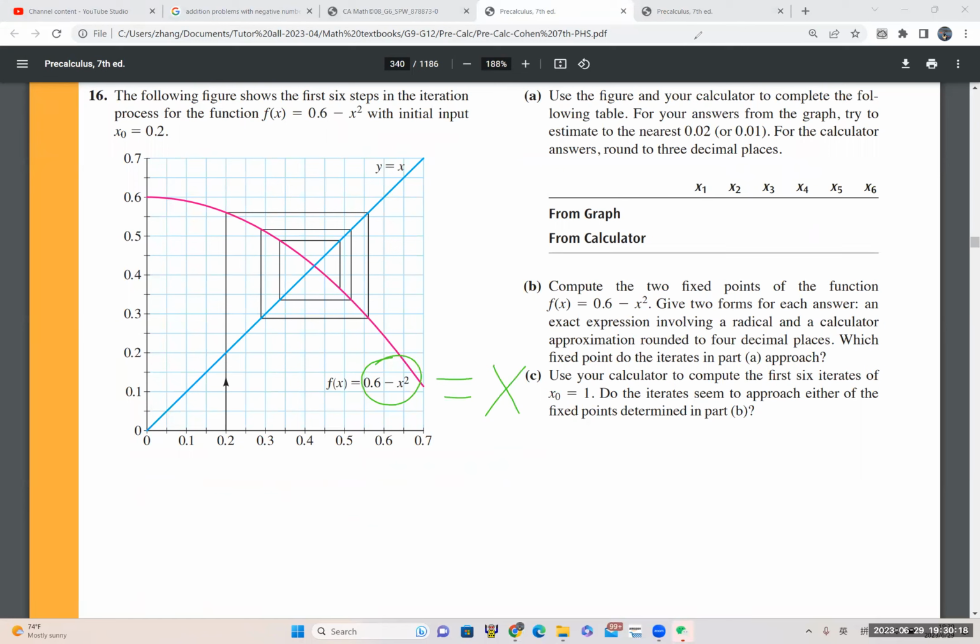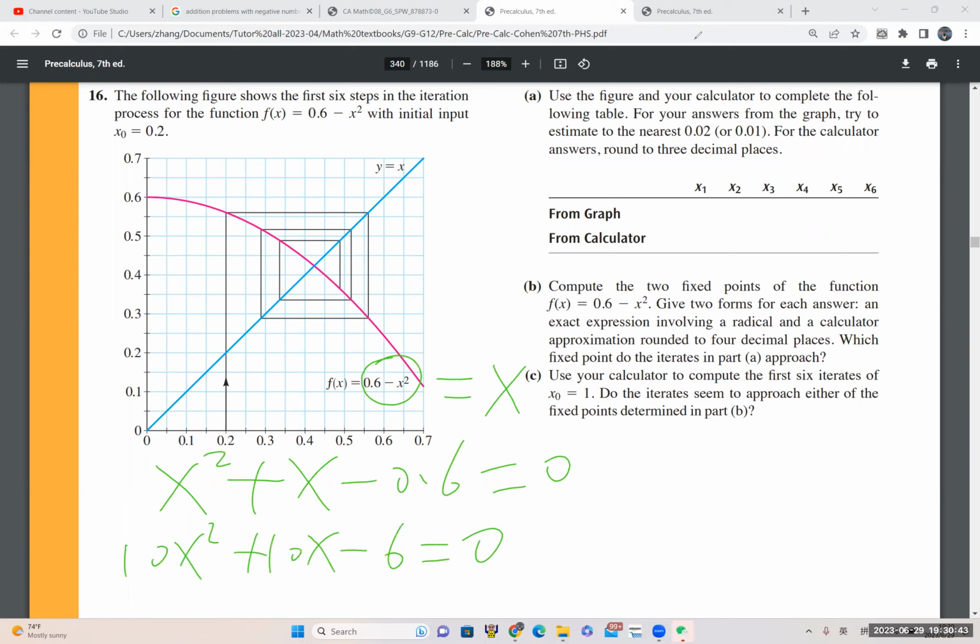So we have x squared plus x minus 0.6. If both multiply 10, then divide by 2, 5x squared.